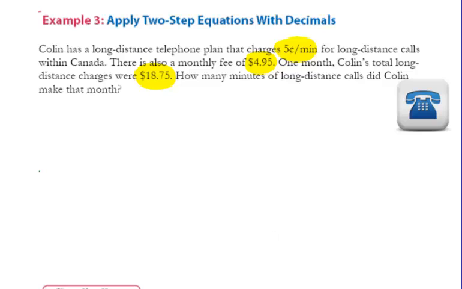Now, you know what I'm going to do here? I'm going to go through to start with, and I'm going to assign a variable. Now, we could use M for minutes. It doesn't really matter. I think I'm going to use an M. So I'm going to begin by let M equal the number of minutes. Now, what's the charge every minute? The charge every minute is 5 cents.